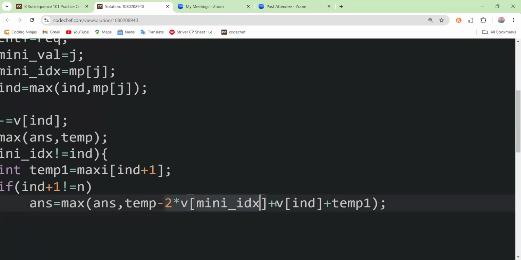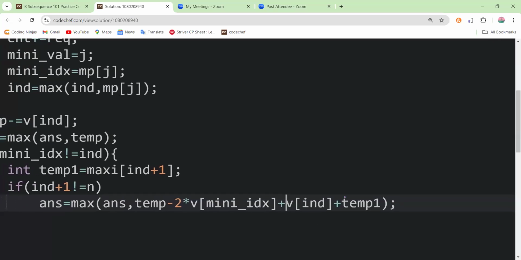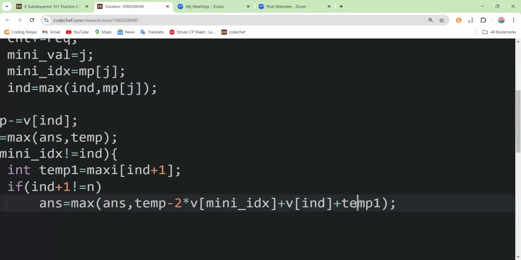So 2 into mini index, plus you will add the element present at index one more time because now it will be a middle element, so it will get added twice. One time it was already added while we were considering k minus 1 elements and this was our last element. Now since it becomes the middle element, it will get added one more time. So you will add v of index one more time and you will add the maximum element towards the right of this index once.